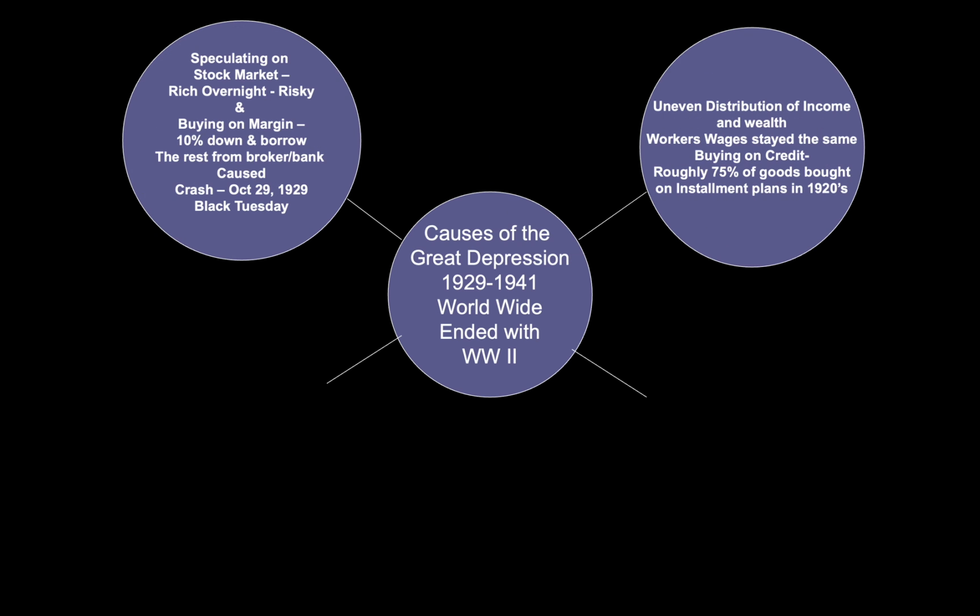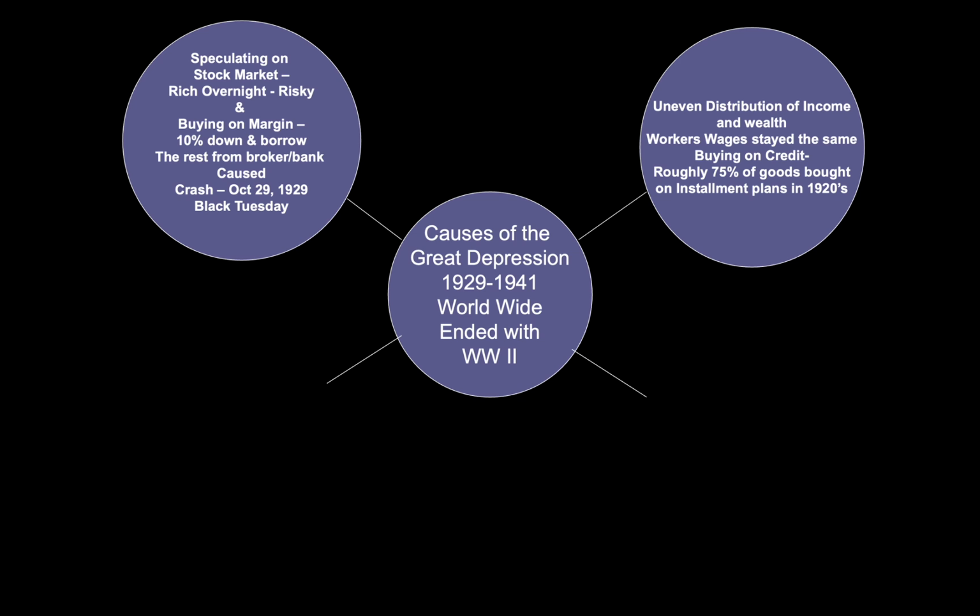The collapse of the stock market magnified a second problem within the economy of America in the late 1920s. The uneven distribution of income and wealth that had been occurring as the American economy grew resulted in many Americans buying goods on credit.